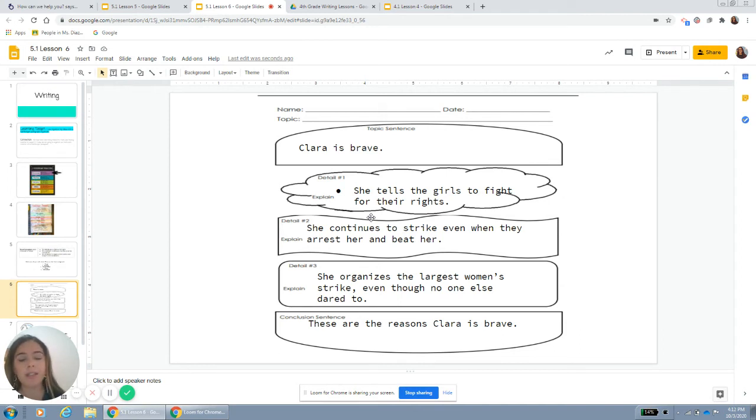Those are my reasons why she's brave, and I put each one inside of the paragraph. Now my concluding sentence, my last sentence, is going to sum up everything I just said. So I said, these are the reasons Clara is brave. Okay? This is what you're going to work on today.